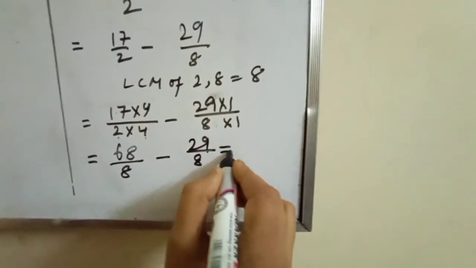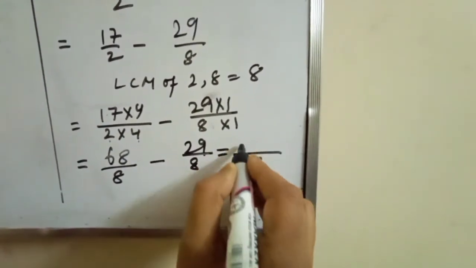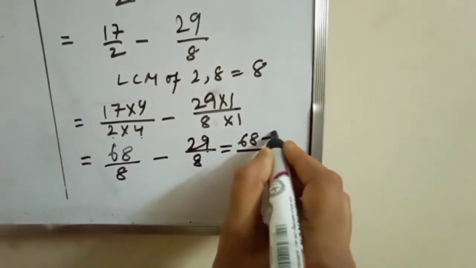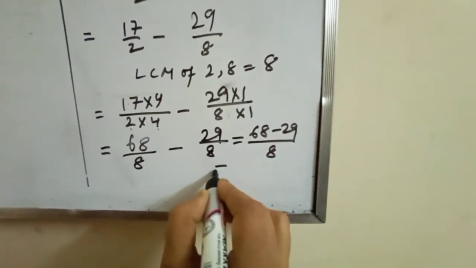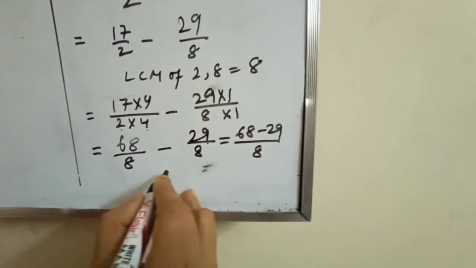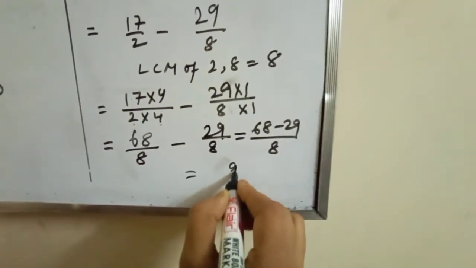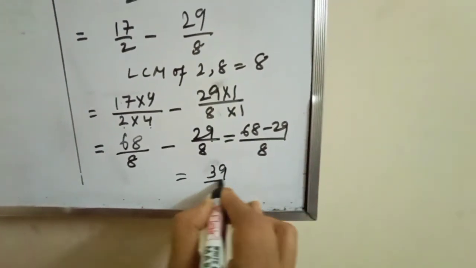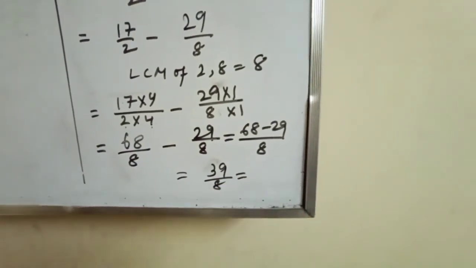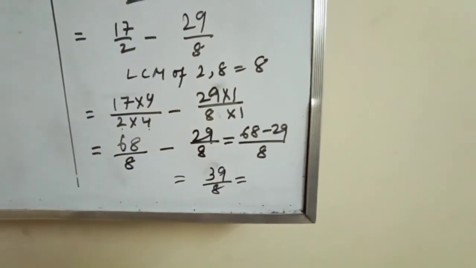The denominator is 8. Then 68 minus 29. What is the result? 39 by 8. And you have to express it as a mixed fraction.